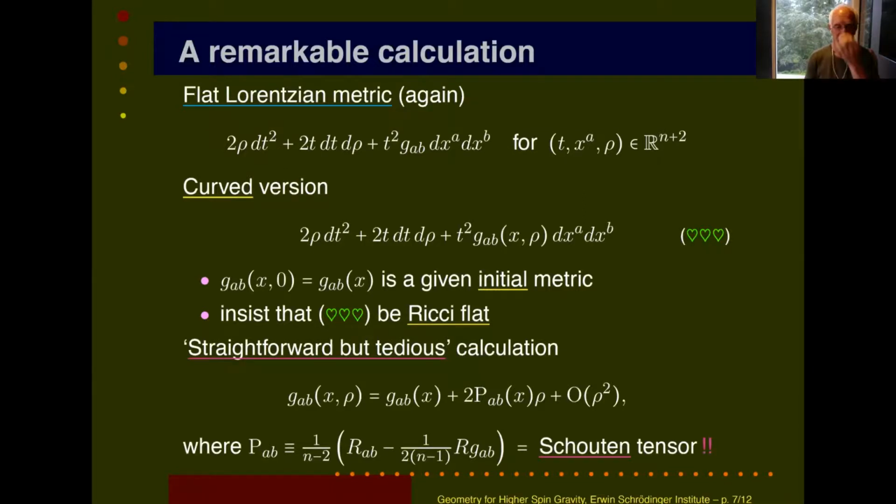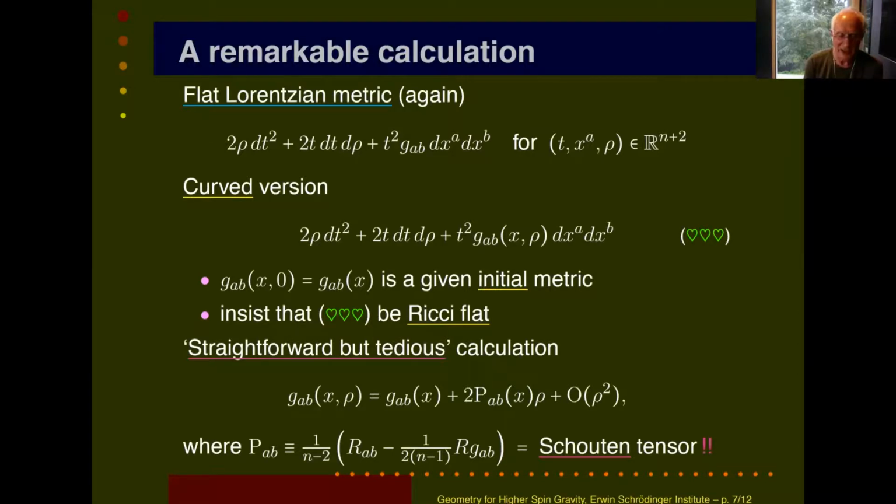I remarked earlier that there was something different between two-dimensional conformal geometry and dimensions higher than 2. Here, this n minus 2 factor doesn't make sense when n is equal to 2.